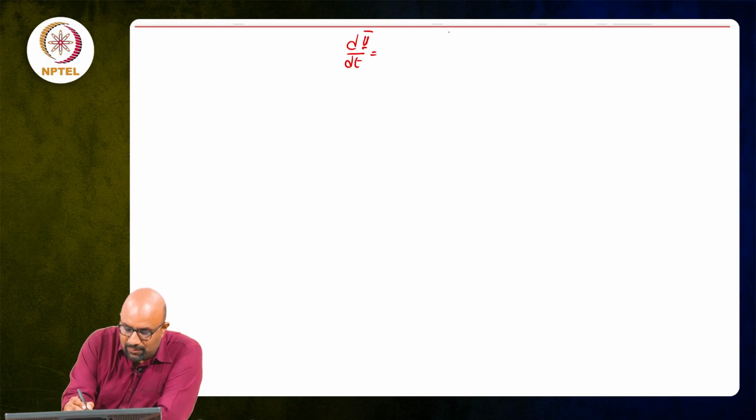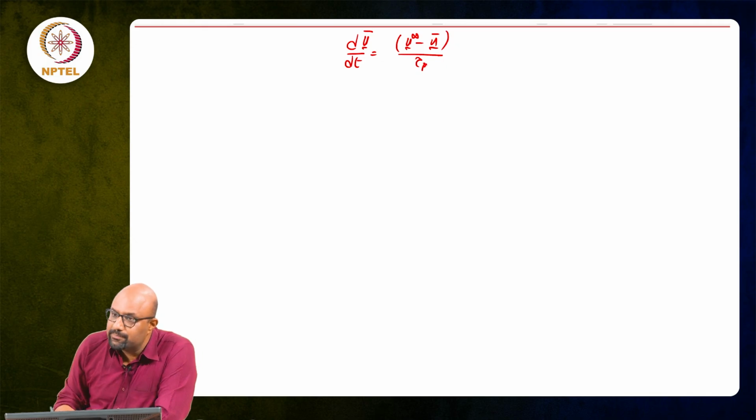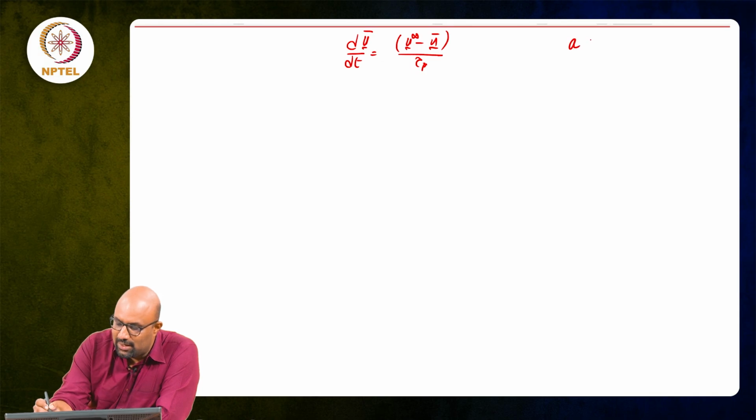Now, jumping on to what we wanted to actually do here, if I write down the equation, it is going to be u infinity minus u bar by tau p. Now, I non-dimensionalize this equation by saying that there is a characteristic length scale L, and there is a time scale tau f.